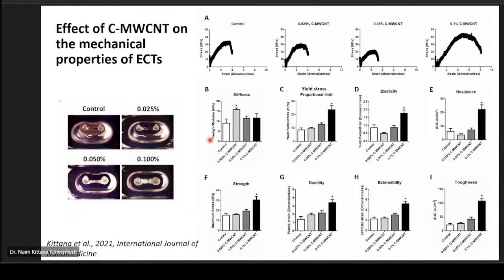So if we look at details rapidly, we can see that with the multi-wall carbon nanotube, we have an increase in tissue stiffness, but only with this concentration of the carbon nanotube. The yield stress, or what we call the proportional limit, was increased by the multi-wall carbon nanotube. Also, the elasticity increased, the resilience increased, the strength increased, the ductility was increased, the extensibility, which is how much the tissue was extended before it breaks, and also the toughness.